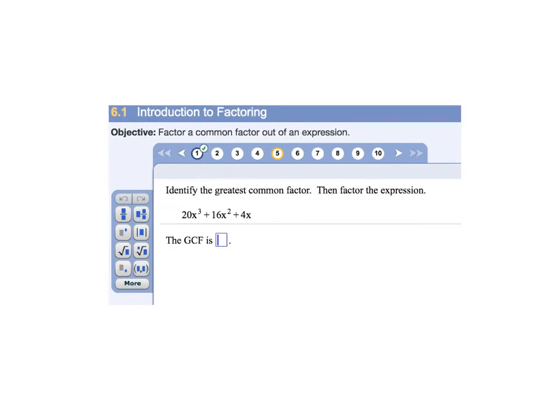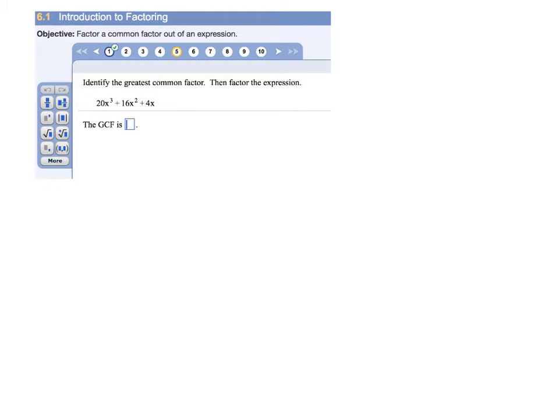All right, so now we're going to identify the greatest common factor. Now, what's different about this one is they've got 3 terms, but it's the exact same process. Now, I'm going to see if I can kind of shortchange us a little bit. Using my multiplication facts, I see that for a coefficient, the largest number in this is 4.